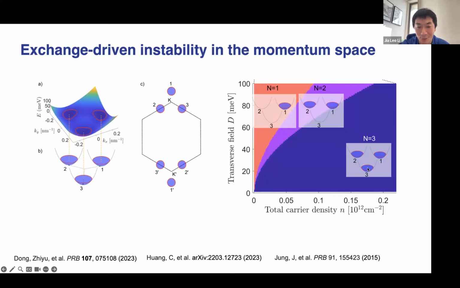But most importantly, what this also shows is that if threefold rotational symmetry breaking arises from momentum polarization, or this spontaneous charge carrier condensation in momentum space, the orientation of these pockets is locked to the corner of the Brillouin zone, right?